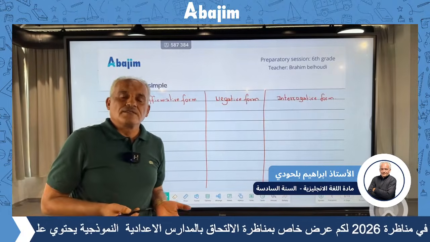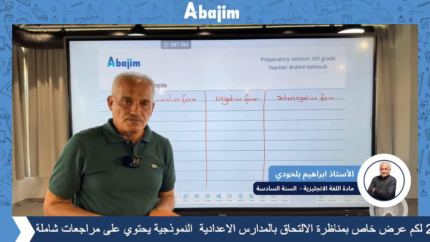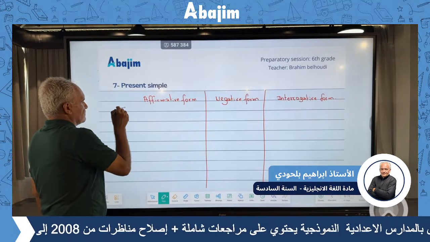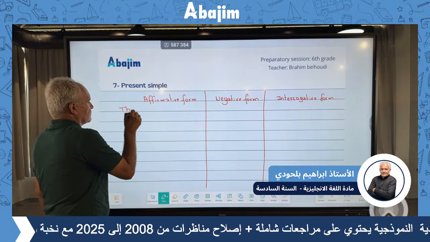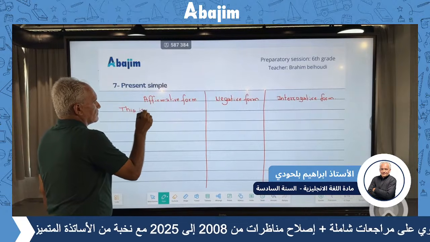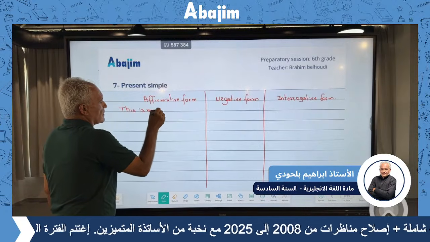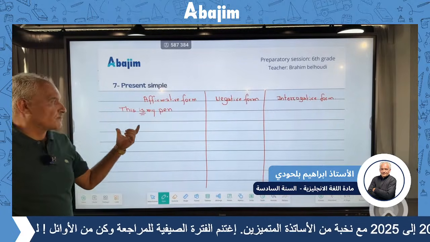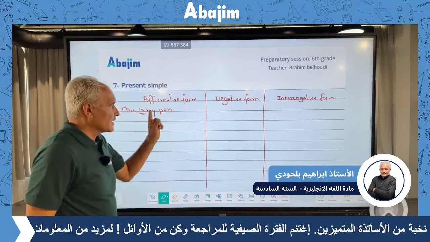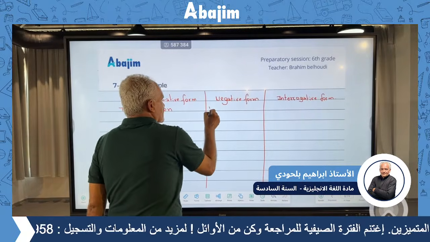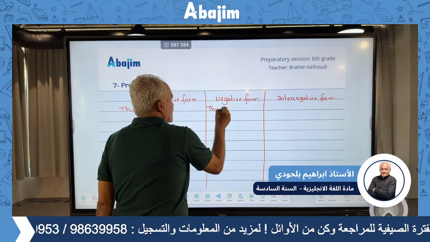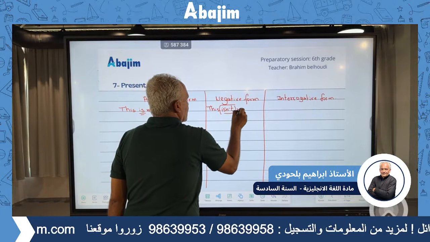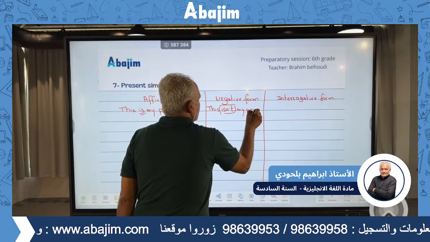For example, let's take the verb to be as an example. For example, this is my pen. So the verb to be in the simple present is in its affirmative form. In the negative form, this isn't my pen.